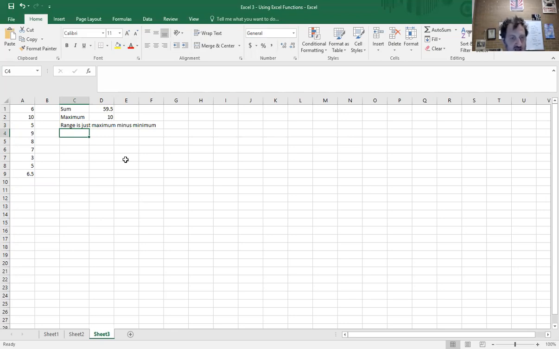And I would recommend, instead of typing out, let's say I figure out that my minimum is 3, which I think is actually true. I don't want to do 10 minus 3. I don't want to just say 7. I want to actually use the cell references, right, to subtract. And the reason for that is if I put in a new number, I want that to change.